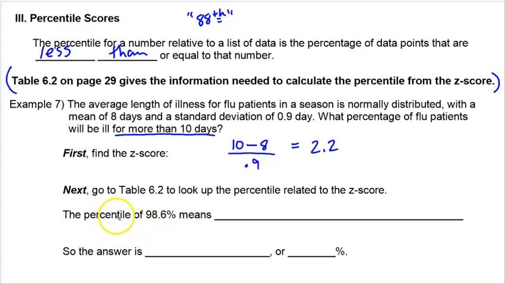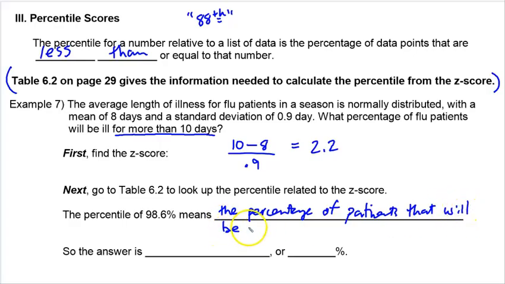Let's put it in context. What does that 98.6%, that percentile score, mean? This would be the percentage of patients that will be ill for 10 days or less, or you could say they'll recover within 10 days.